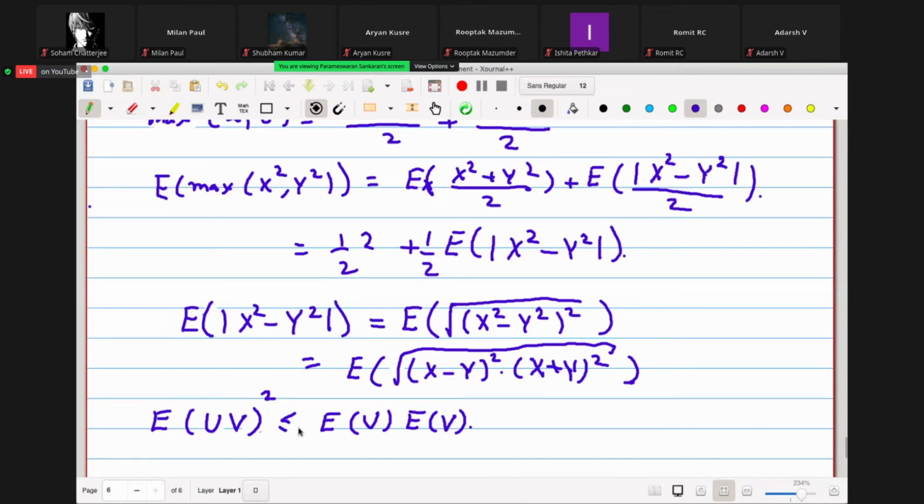We will see. Okay, I think this is true. So this is called Cauchy-Schwarz. It's easy to prove it. I just don't remember the Cauchy-Schwarz inequality.